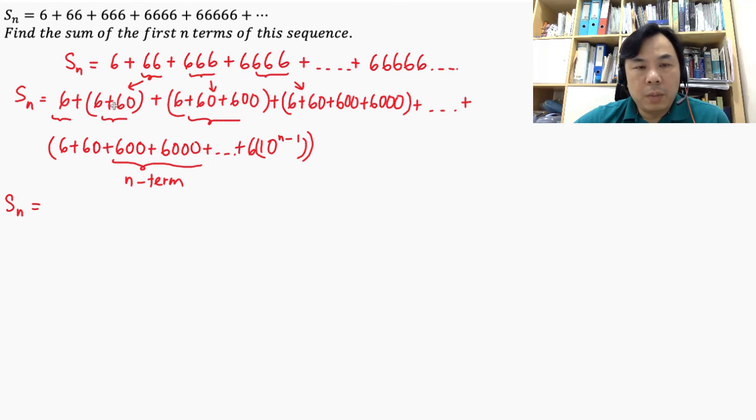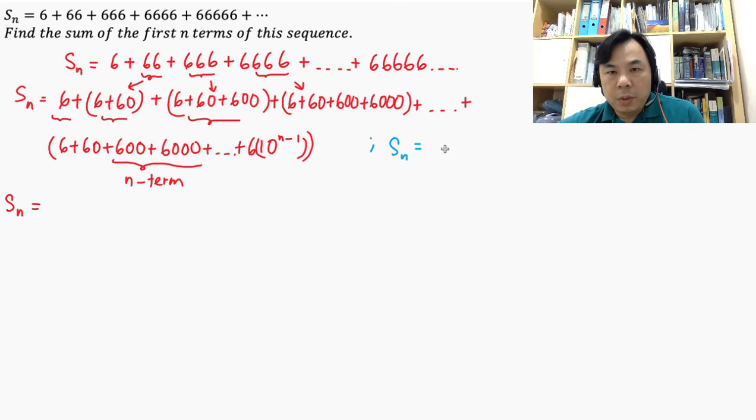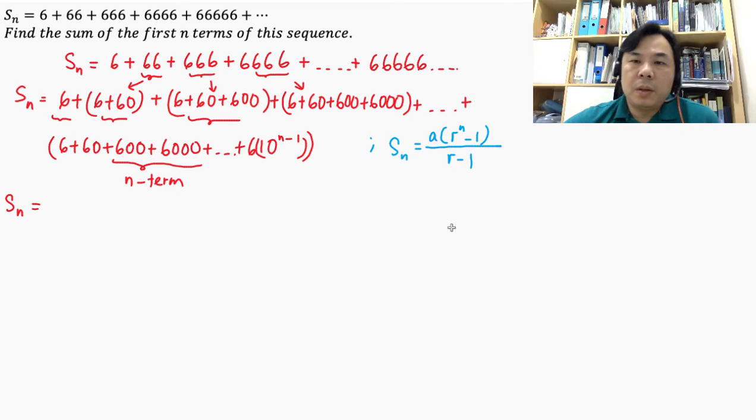So therefore, I can apply the formula for the sum of a geometric series, which is given by, with the common ratio of 10, this formula instead, over r minus 1, knowing that the magnitude of r must be greater than 1.